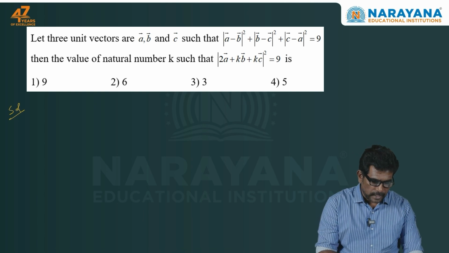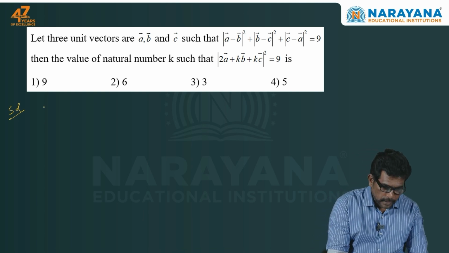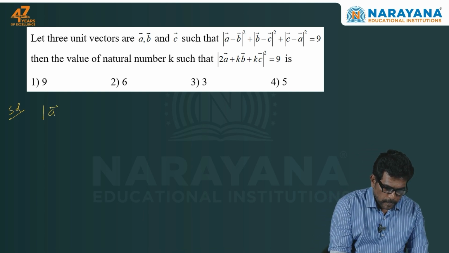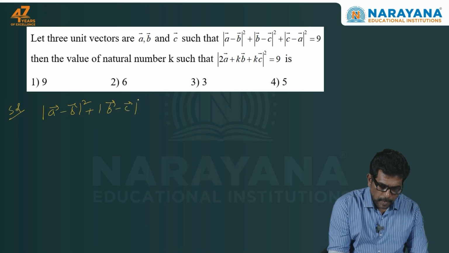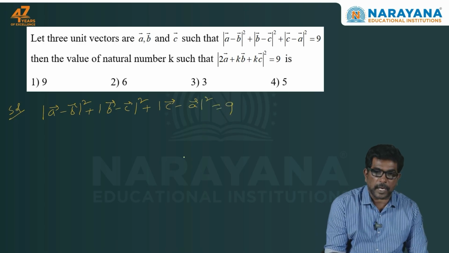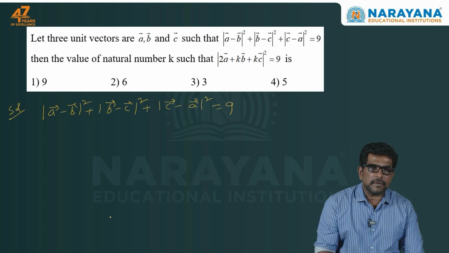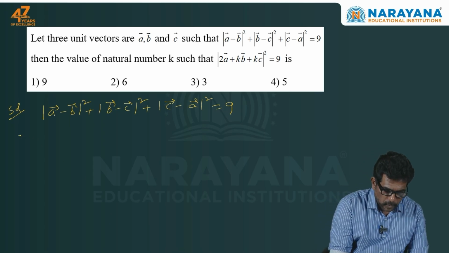The first one, the given condition is mod a bar minus b bar whole square plus mod b bar minus c bar whole square plus mod c bar minus a bar whole square is equal to 9. Now we have the formula for mod a bar minus b bar whole square.